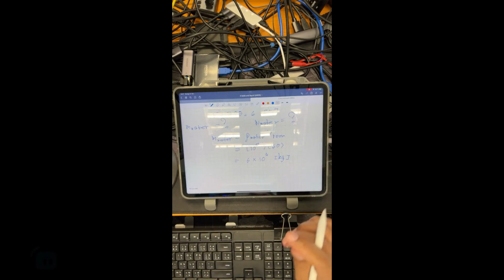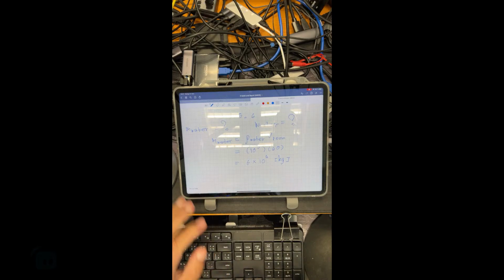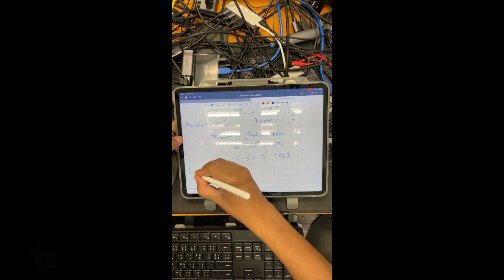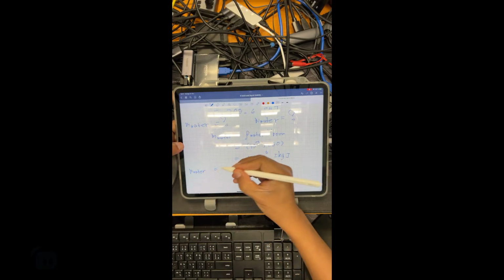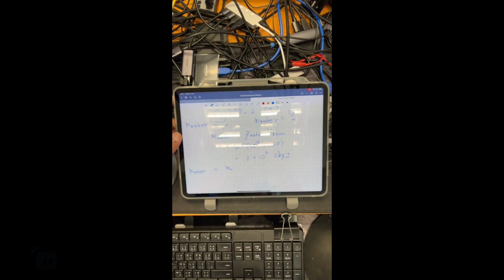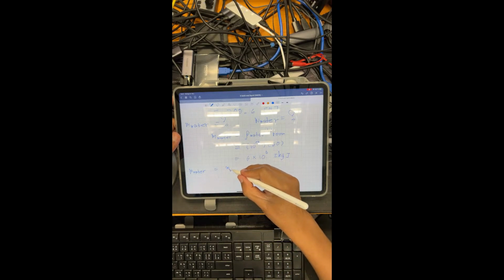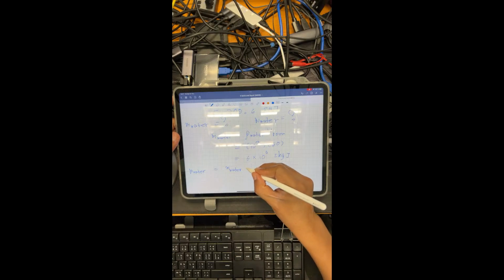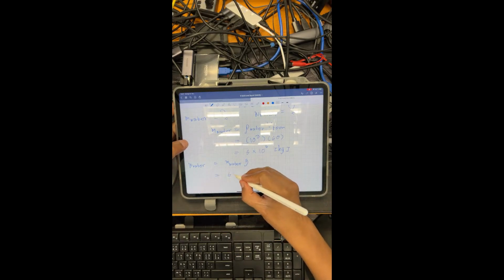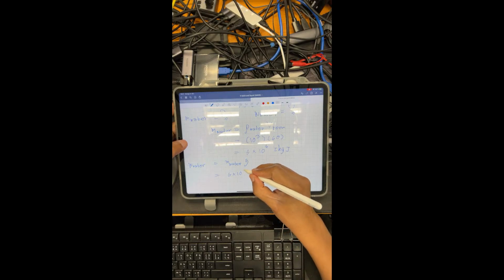And the weight of this water is the next thing. Weight of the water could be found from the mass of water times G, right? So mass of water is 6 times 10 raised to 4, and G is 9.8.